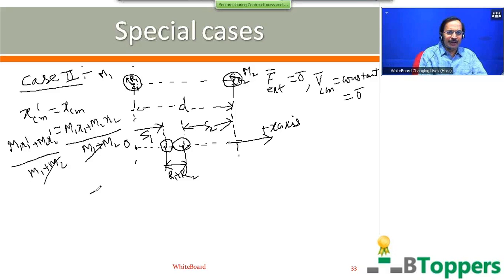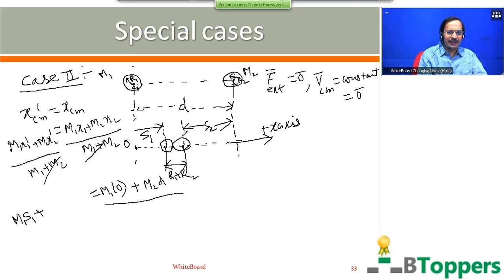X1 is the initial distance of M1 from the origin, that is 0, because we are choosing the initial point of the center of the first sphere as the origin. X2 is the initial distance of the center of the second sphere from the origin, that is equal to d. X1 dash is the new distance of the center of the first sphere from the origin, which we write as S1.